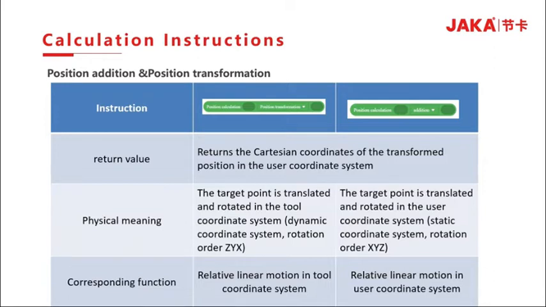The position addition target point is under the user coordinate system, and the static coordinate system rotation sequence is X, Y, Z. The rotation transformation is equivalent to a relative linear movement under the tool coordinate system, and the position addition is equivalent to a relative linear movement under the user coordinate system.